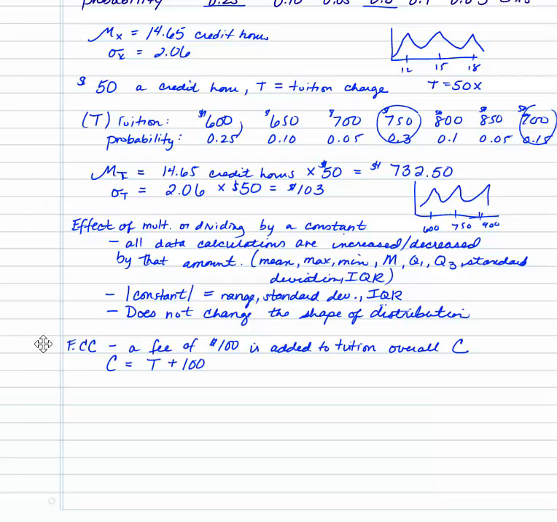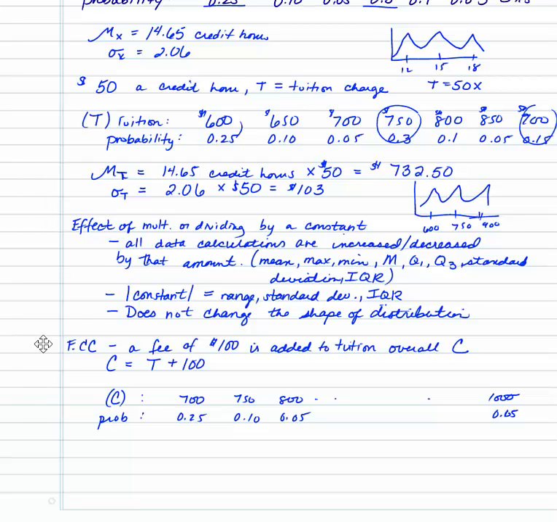So my chart would look a little bit different. It would have $700 in it, and $750, and $800, and it would go all the way up to $1,000. Now my probability is going to stay the same, 0.25, 0.10, 0.05, all the way up to 0.15, and this would be my C in my probability.